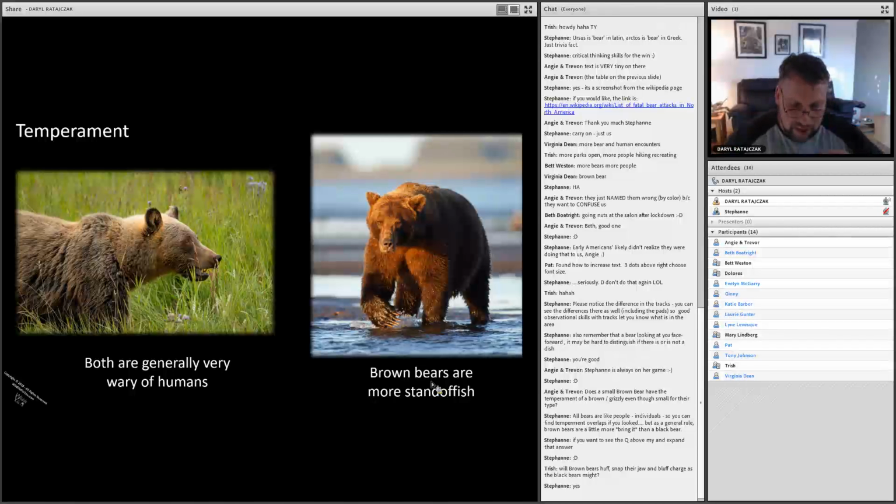Does a small brown bear have the temperament of a brown grizzly bear, even though small for their type? I think it's good to develop analogies, even though I can never say the word anthropomorphizing.